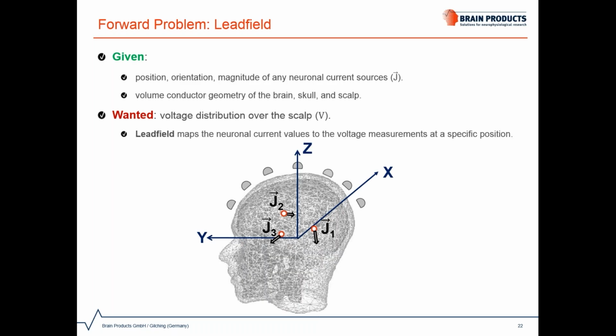So a mapping function or a projector is needed that shows the linear relationship between the neuronal current sources and the voltage measurements. This mapping function is known as the lead field matrix or the gain matrix.